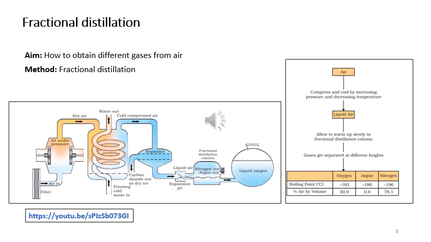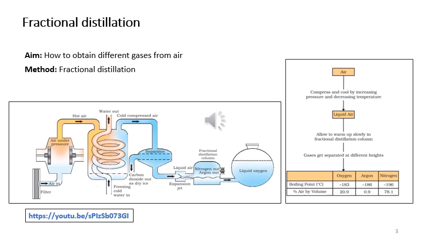Before that, we need to compress the air and then cool that air, by increasing pressure and decreasing temperature. So compression will increase pressure and cooling will ensure that the temperature drops, because of which this air gets converted into liquid air.